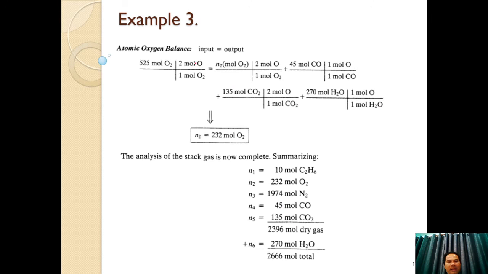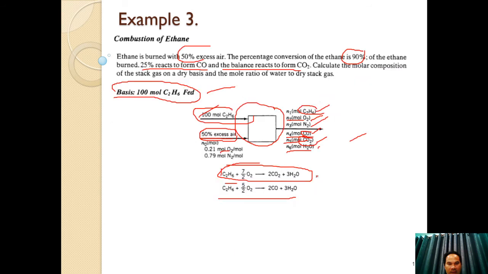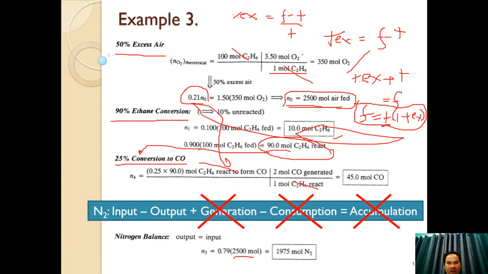First step, oxygen input based on gas oxygen: 1 mole includes 2 mole atomic oxygen. How about oxygen input? Gas oxygen input is 0.21 multiplied by N0. How about N0? N0 is 2,500. That's right.